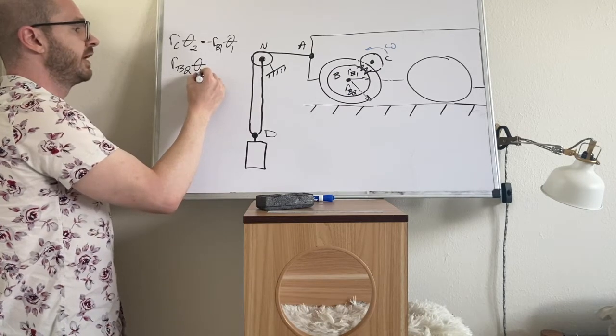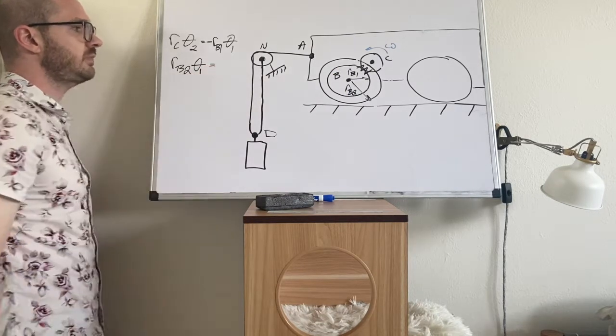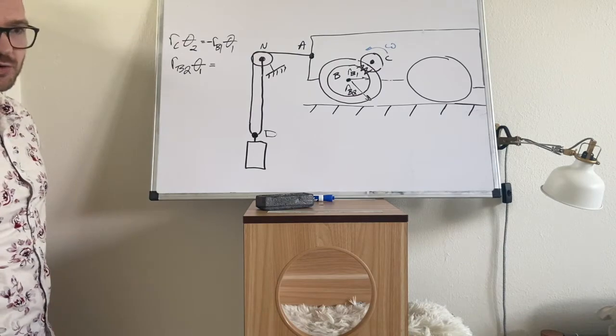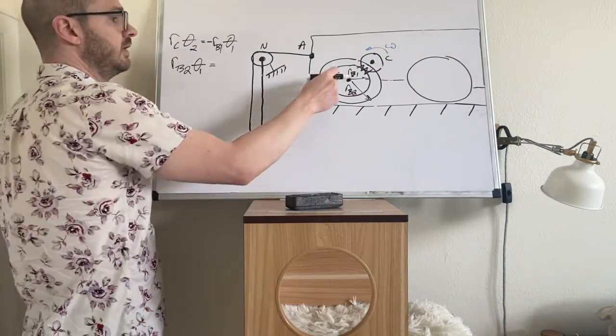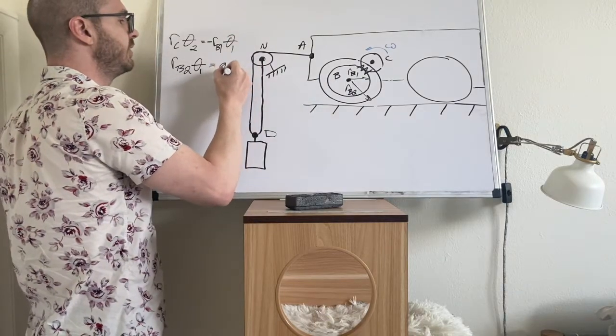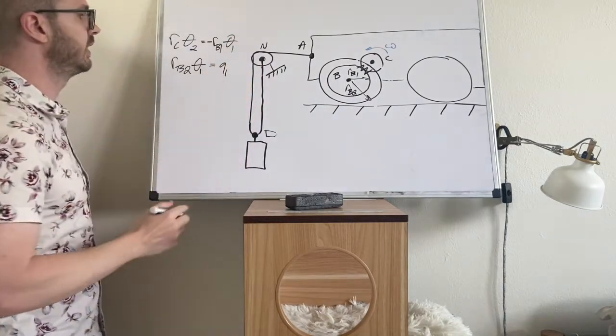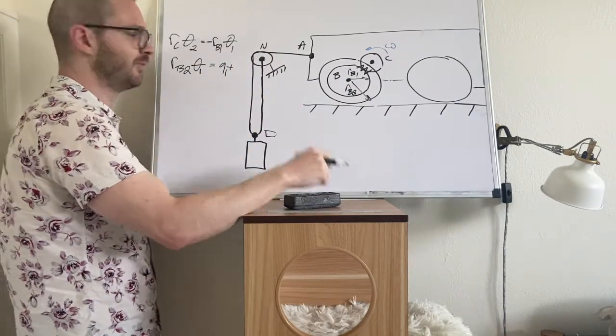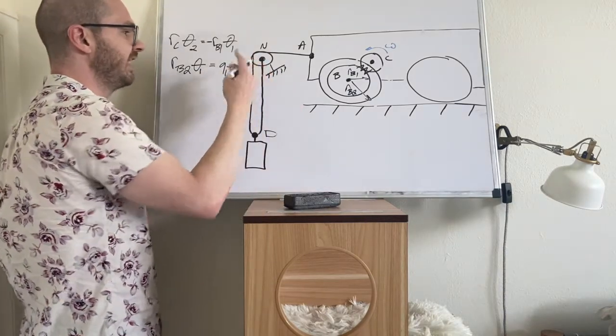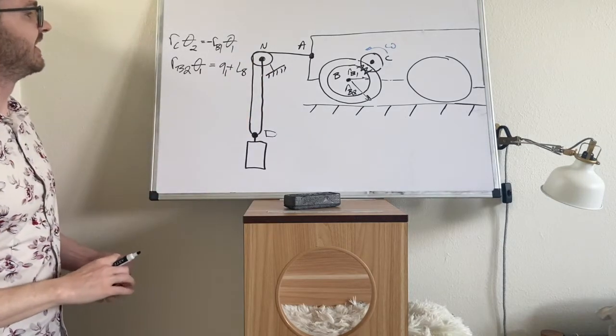That angle was θ1. And then that is going to be related to the translation of the wheel. So I'm going to write this as Q1, right, plus, God, what length were we up to? Let's just say L8. I honestly don't remember.